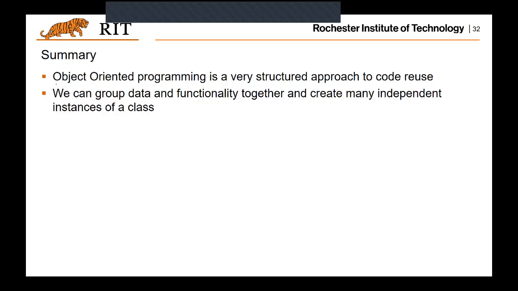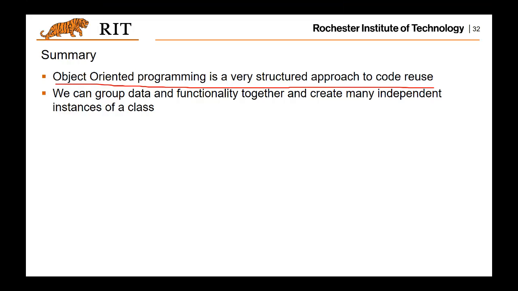And basically, I would like to summarize. Object-oriented programming is a very good way to structure and organize your code. Basically, you could reuse your code by such a structured approach. Also, you could group the data and the functions together and create many independent instances of an abstract class.